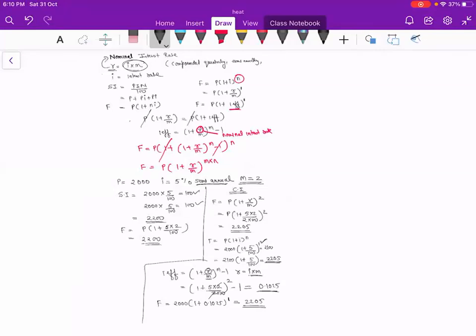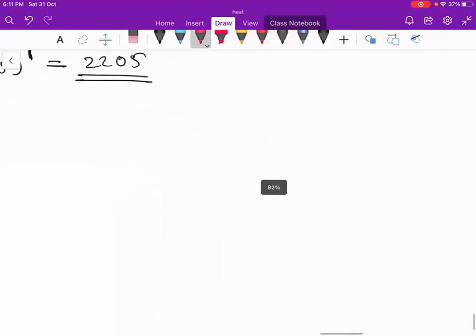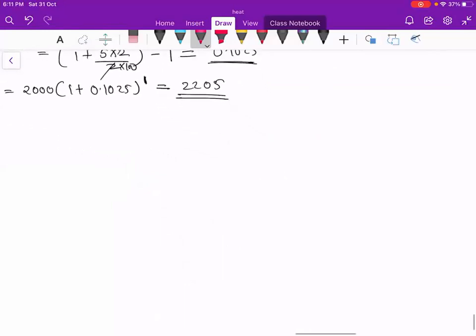From the GATE point of view, what you have to remember is how to calculate I effective. I effective is (1 + R/M) to the power M minus 1. How will you know whether R or I is given? I have told you.